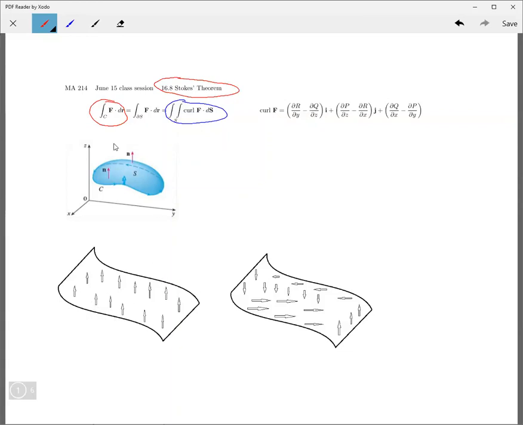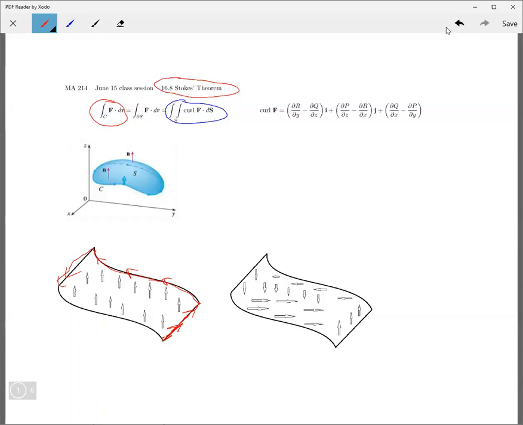So what's going to happen? Let's examine this first. You're going to start right there, and then you're going to go around the boundary of the surface. You're only taking the line integral around the boundary.